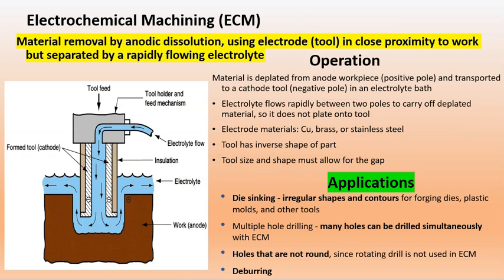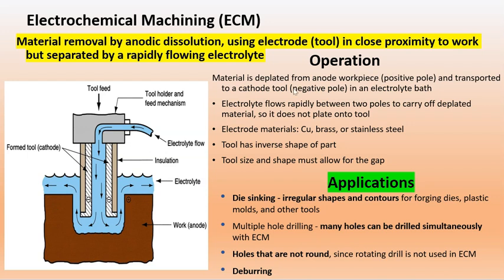Okay, let's look at the process. The first one, ECM: material removal by anodic dissolution using an electrode. The tool is considered the electrode, but separated by a rapidly flowing electrolyte. Okay, so the workpiece is the anode, this is the cathode, and they have the electrolyte.